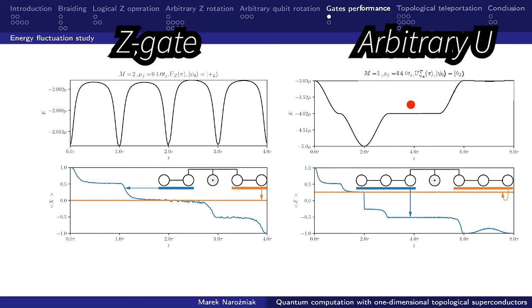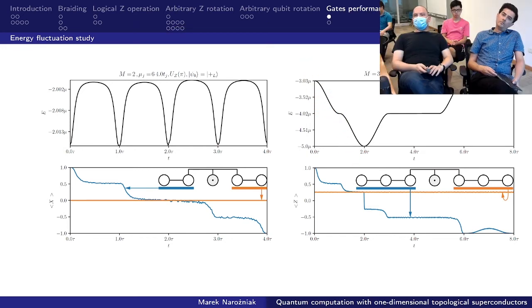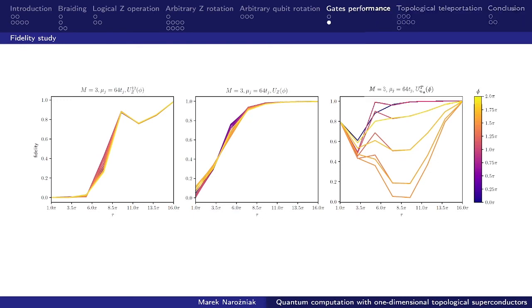However, here, with the arbitrary rotation, we have to shrink the domain to size 1. So we destroy 2 sites. So every time we do it, the changes are of the order of a single mu. So this one is much more destructive to the state and to its fidelity. Speaking of fidelity, we did a little fidelity study on those gates.